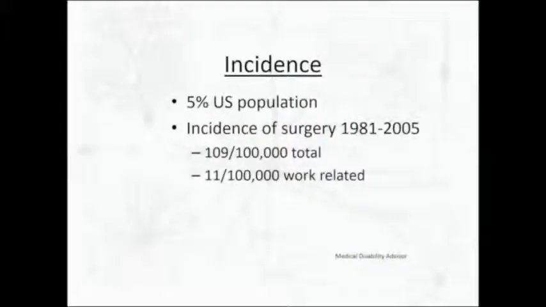Now, demographics, about 5% of the population has carpal tunnel. Some of this information I took from the Medical Disability Advisor. I tried to annotate some of it so that you'd know where it's coming from. Incidence of surgery from 81 to 2005 was 109 out of 100,000 total, but only 11 out of 100,000 being work-related.